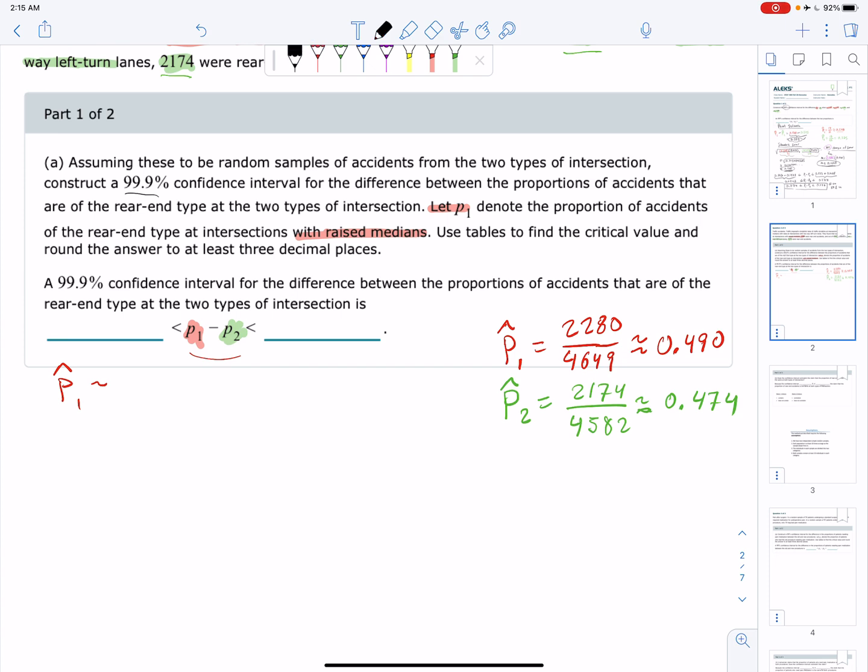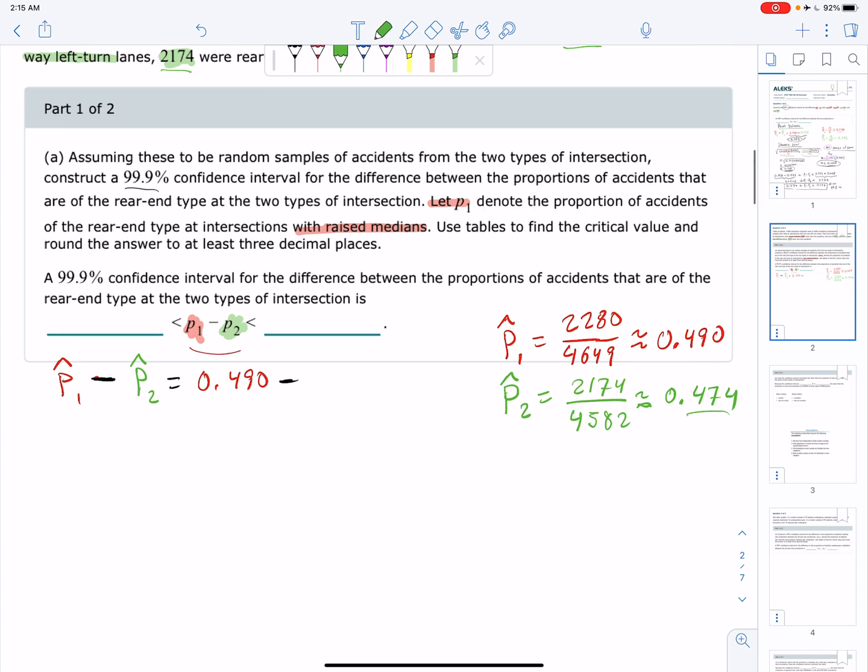To get our point estimate, we subtract the two samples: the sample proportion for our first, 0.490, minus the sample proportion from our second, 0.474.